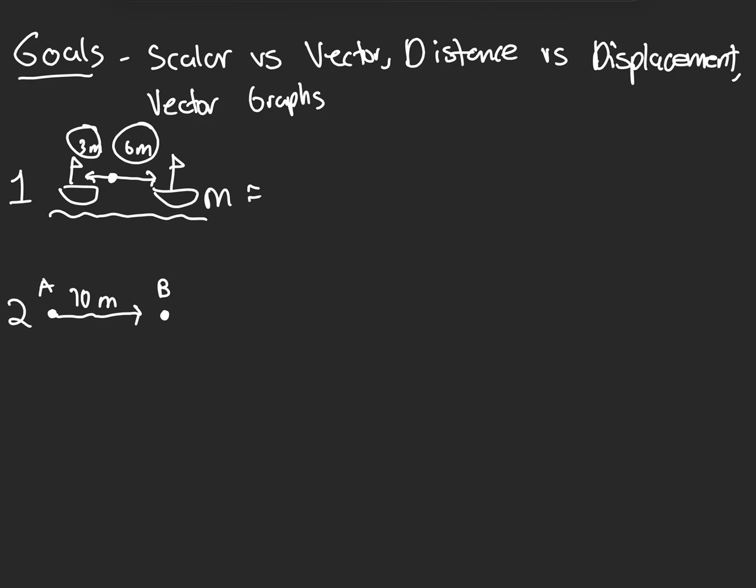Okay. So for question number 1, it's very simple. We'll just have to add 3 meters plus 6 meters, which equals 9 meters. Okay. 9 meters is your answer. So this right here is called a scalar quantity. What a scalar quantity is, it's really just magnitude.